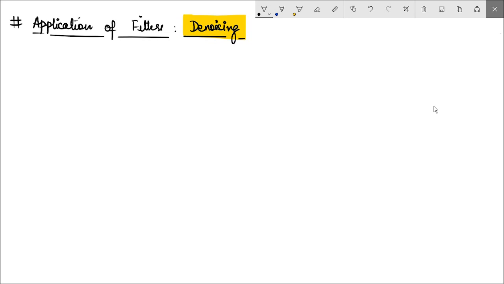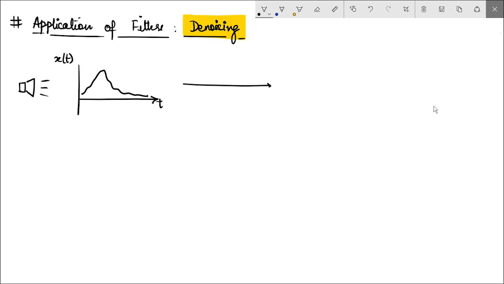So consider a practical scenario where you have a voice signal. Let me call it x of t. So this is somebody's voice. Now, if we try to find what frequencies are present in this signal, we could use a tool called Fourier Transform.